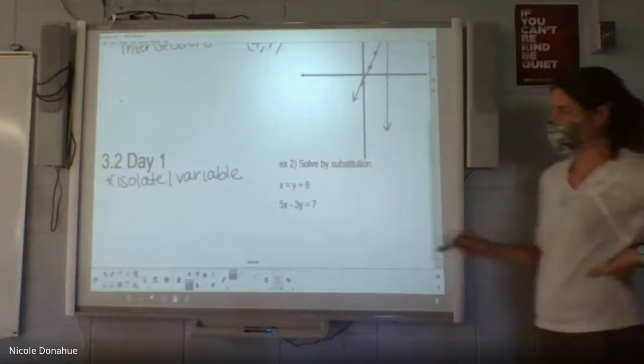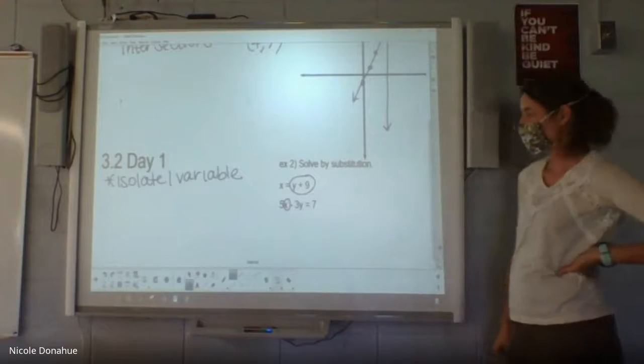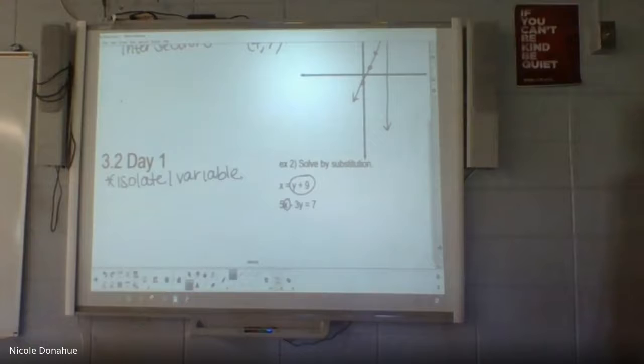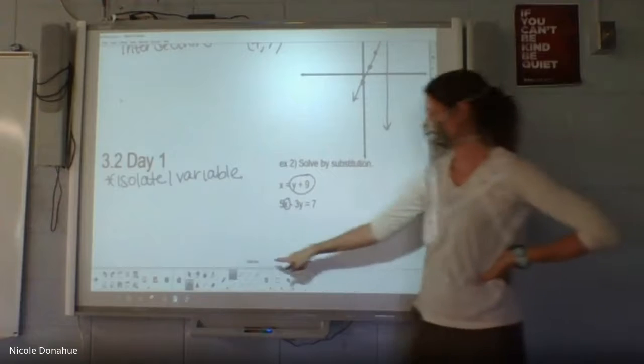That value is going to go in place of x in this equation. And I would suggest using parentheses with this. So you have to substitute it into the other equation.